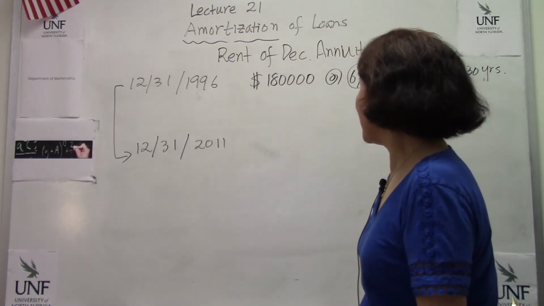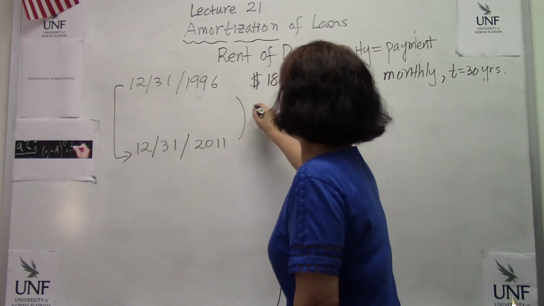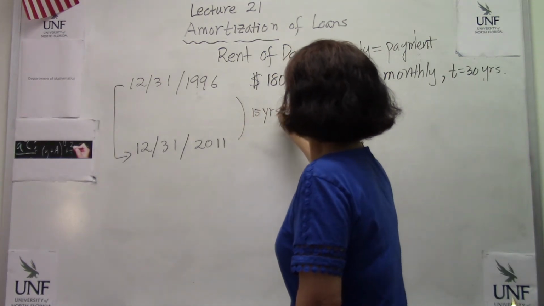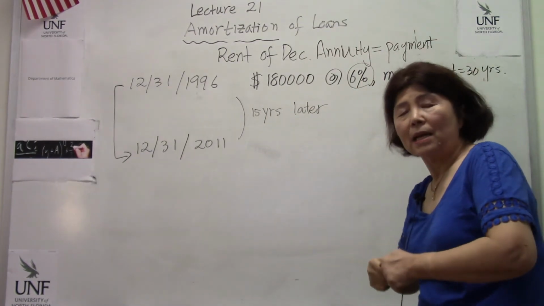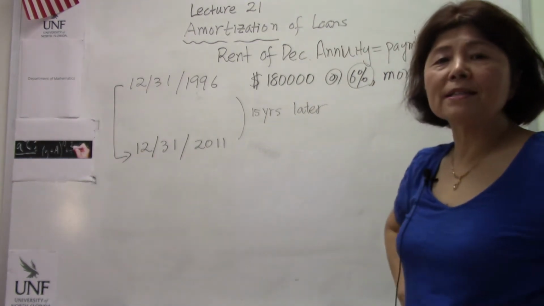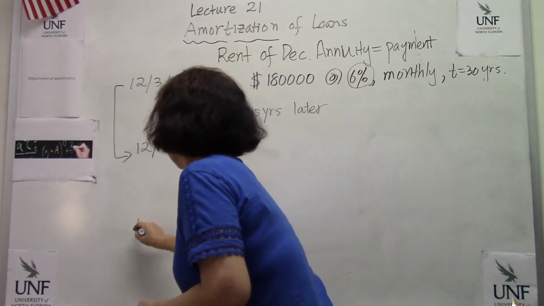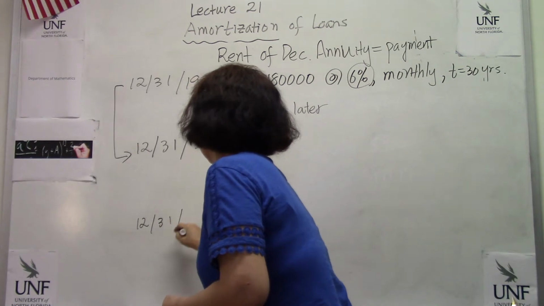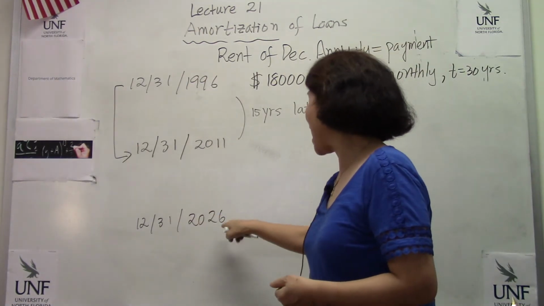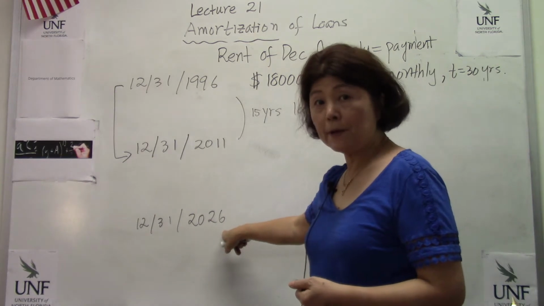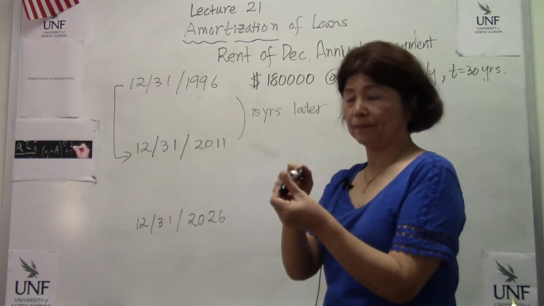So that is exactly how many years later? 15 years later. So before you calculate, let's just use our instinct. Well, the full length is what? December 31st, 2026. This is going to be the last payment you are going to make.